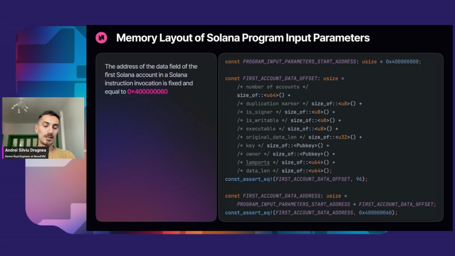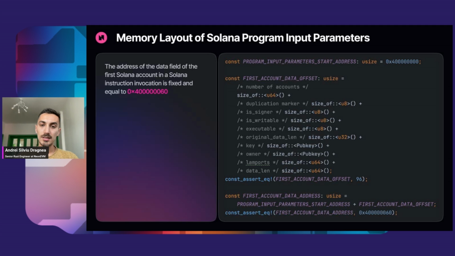The number of accounts given as input is a u64, at the beginning of this address 0x4 that I mentioned before. Then we have a duplication marker because some input accounts can be duplicated. So two input accounts in the input array can refer to the same account on chain, and in this case, the runtime will just mark this as duplicated. Each input account has a few flags: if the input account is a signer or not, if it's writable, and if it's executable.